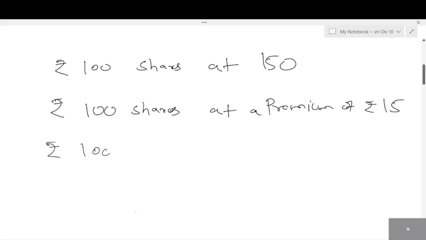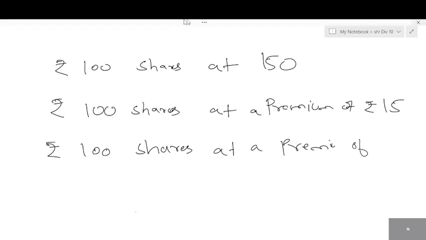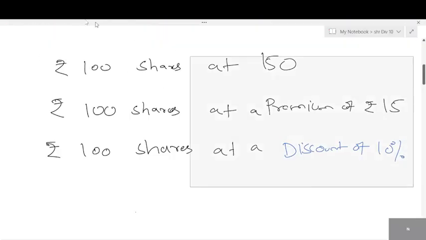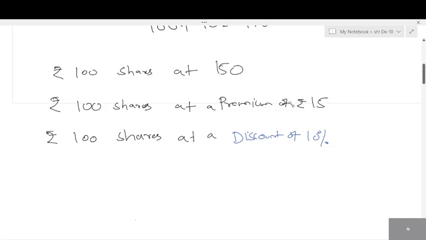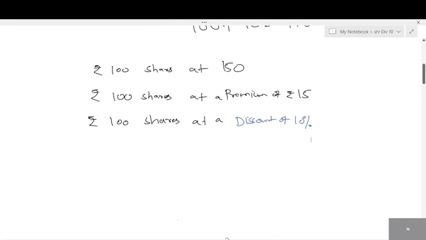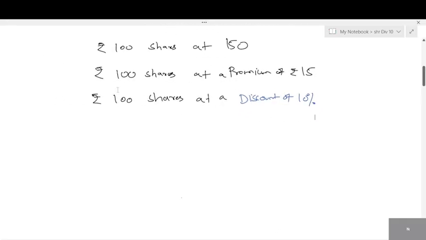Rupees 100 shares at a discount of 10%. So this is how they'll give you statements, fine, like this.